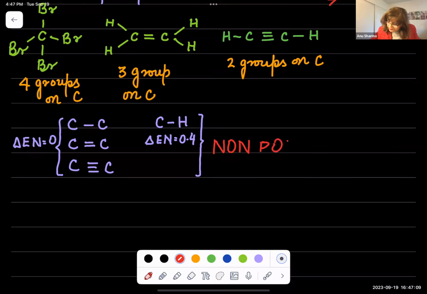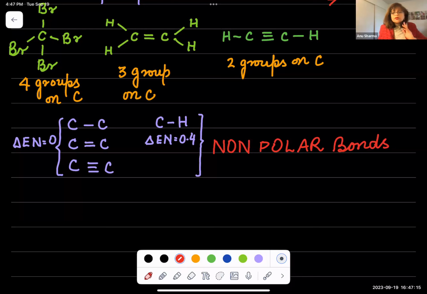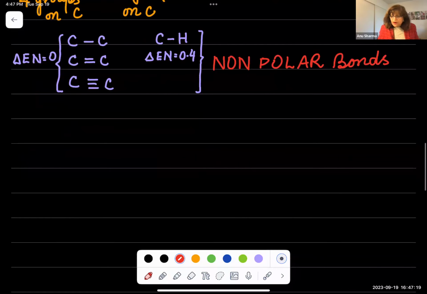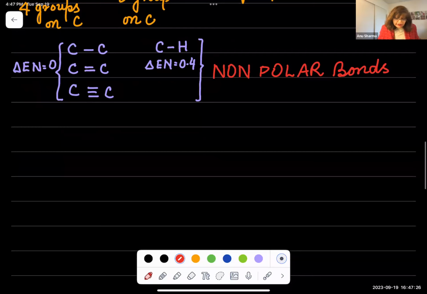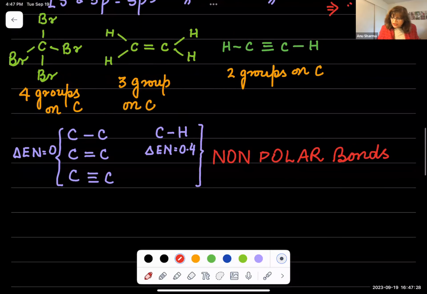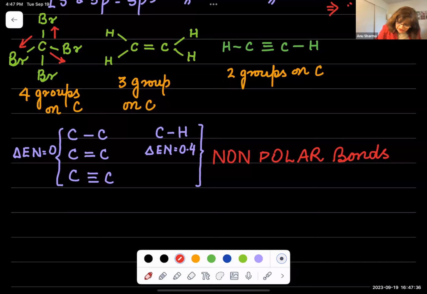So these are the non-polar bonds. Clear? We see that any time lots of carbon-hydrogens are present, it is always non-polar. So this is one thing we know, one thing with all these types of bonds. These are all non-polar. Even with carbon bromide, the net polarity cancels out.